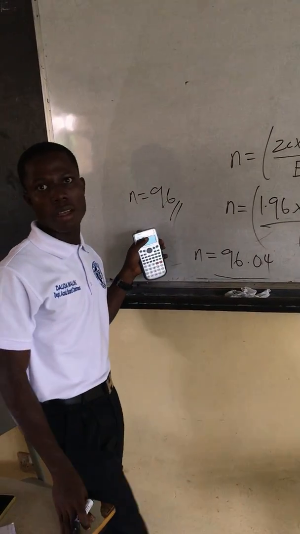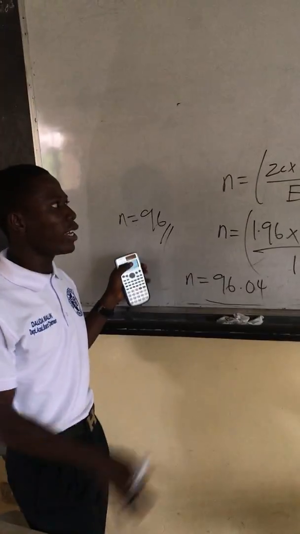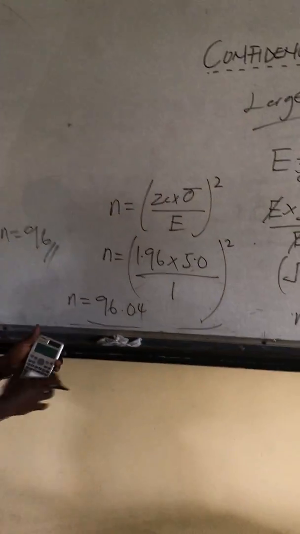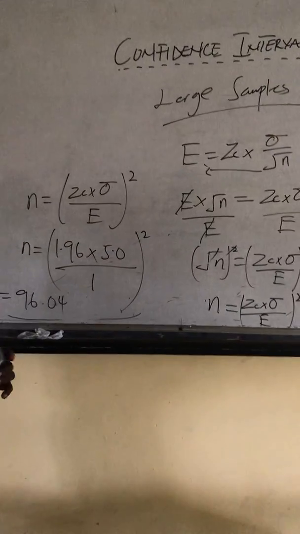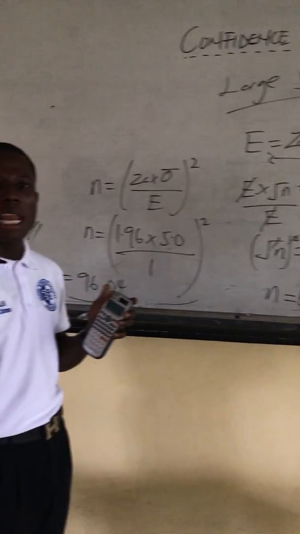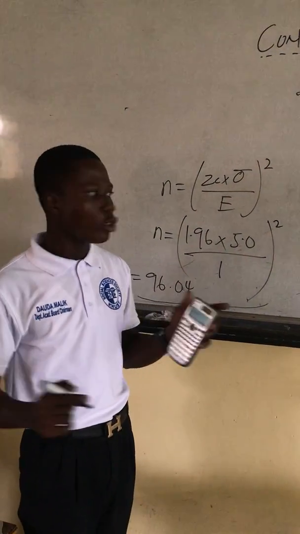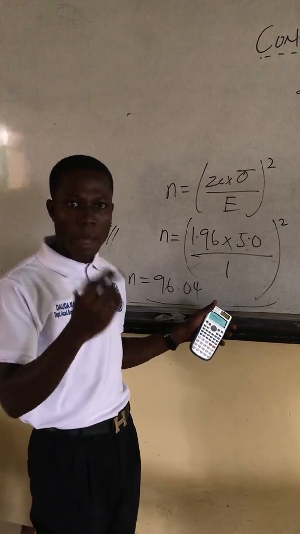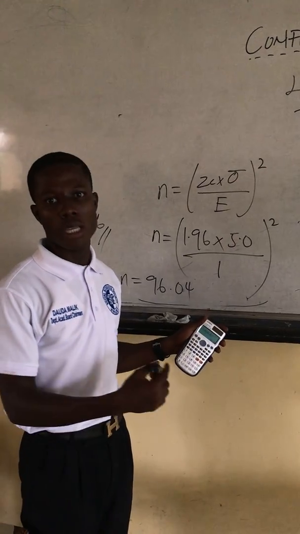This is the final answer. Whenever you are solving for n, this is the formula you use. And to detect the margin of error, when you come across within, the number that follows the within is your E.